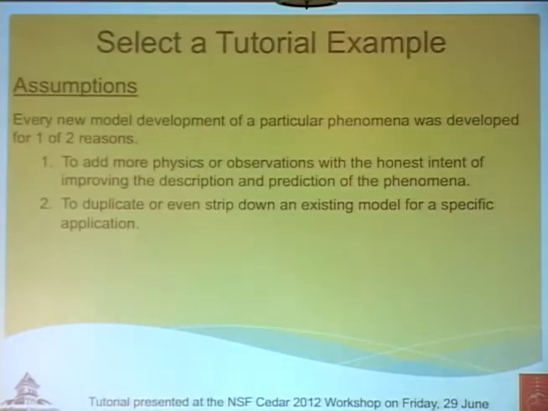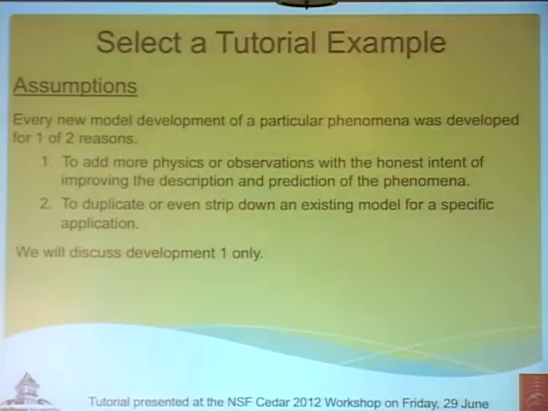That's our going-in assumption, that there aren't shady modelers out there who built things just because they could, but they're doing better. And the other isn't that irrelevant today. Some of these very advanced models have way more physics than you need for practical purposes, and there are stripped down versions. But today, let's just deal with development one.